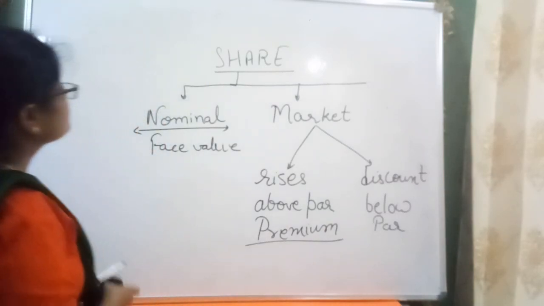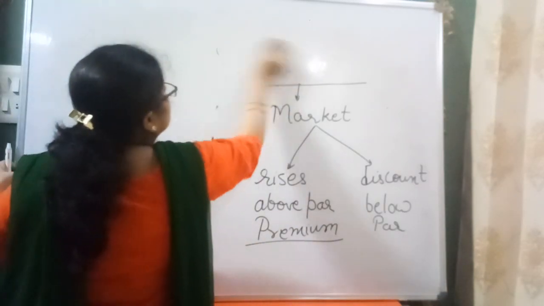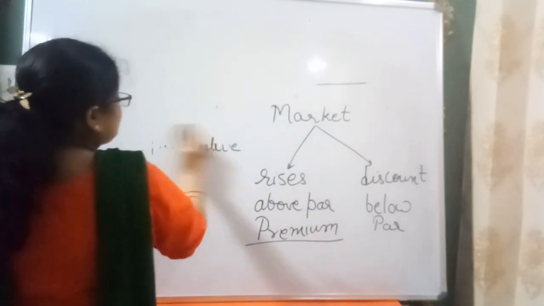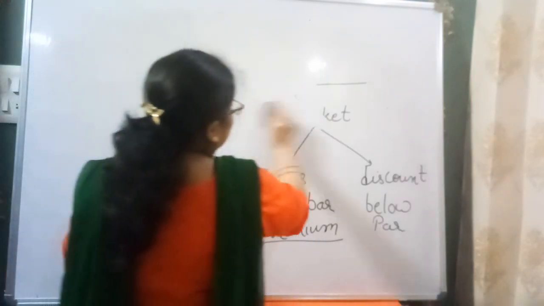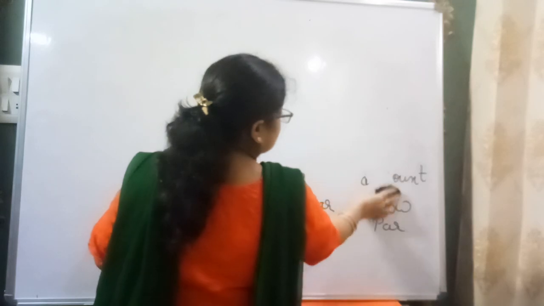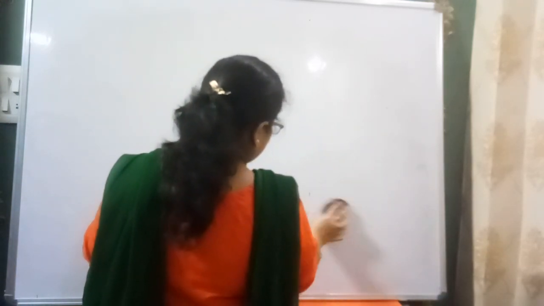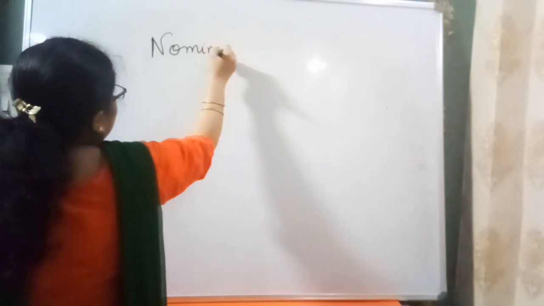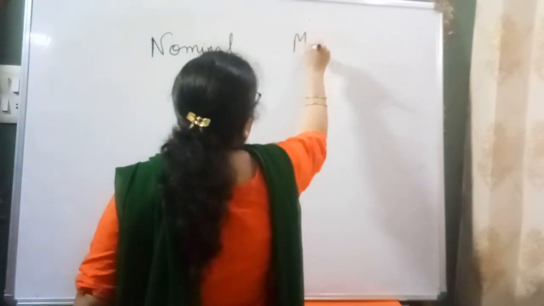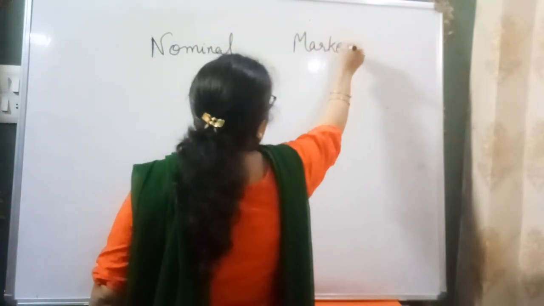I want to explain this concept by taking an example. Just see in the blackboard. Actually, shares are allotted by a company to collect money from the market in order to survive or attain their goals or any projects, etc. Okay, now I am going to explain to you nominal and market value, the difference between them, with an example.